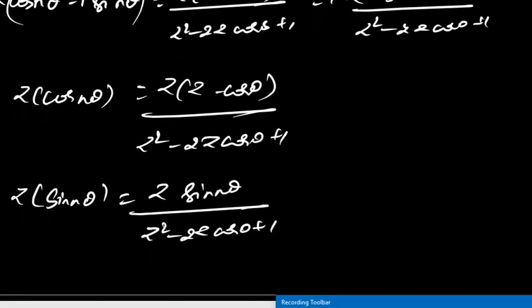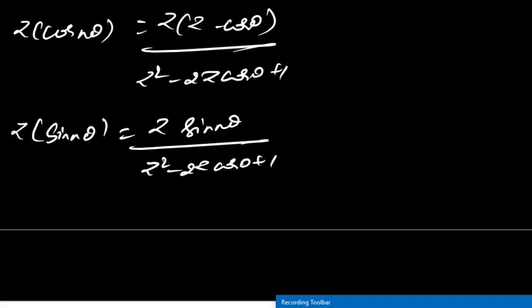So suppose along with cos and sine you have a constant multiplied, right? Which we have done in damping rule, z transform of a power n cos n theta. Since it is positive n, you are supposed to replace z by z by a.